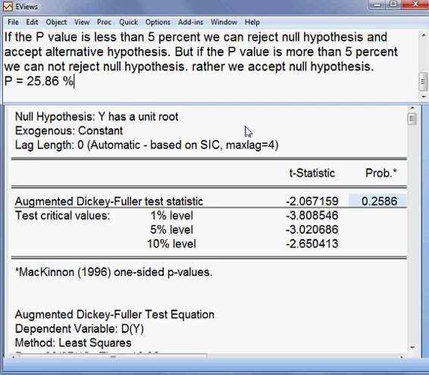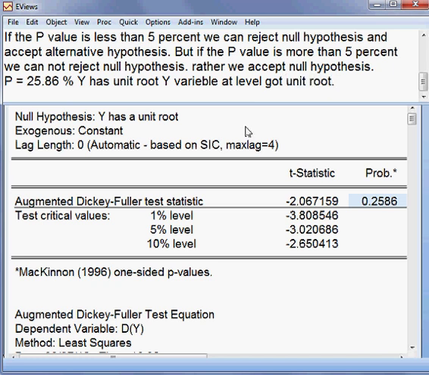So Y has a unit root. The Y variable at level has got a unit root.